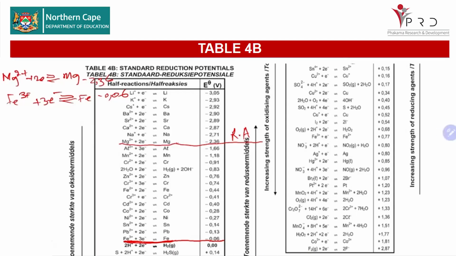And if you check always on table 4B, the very same one, your reducing agent that is at the top there on the right is the one that will lose electrons, and the one at the bottom is where you will find your strongest oxidizing agent. So with no doubt, you can just do your Z there. I like doing that. You can even do that Z on the table.